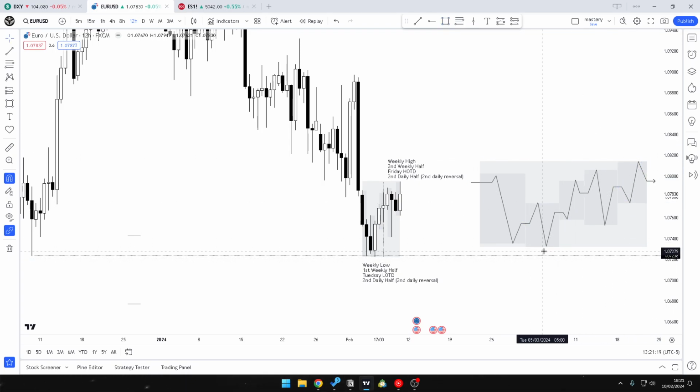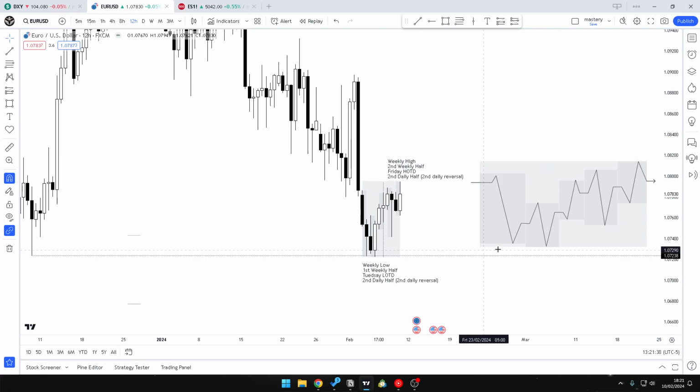So this is the Thursday low, Friday high. We can see the second reversal of the day, because the first reversal made the high, and the second reversal of the day on Tuesday made the low of the week. The same thing here with the second reversal of Friday, which made the high of the day, which is also the high of the week.